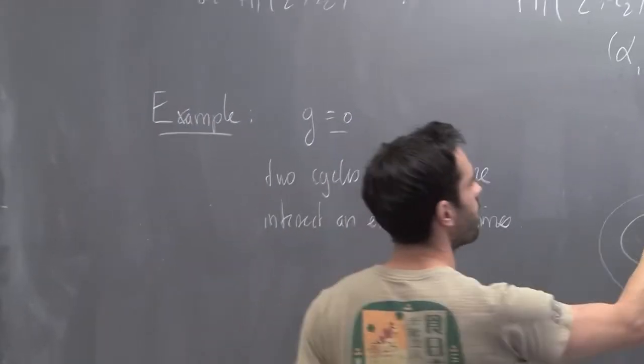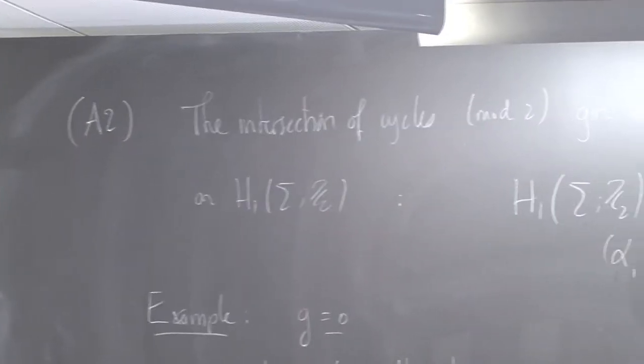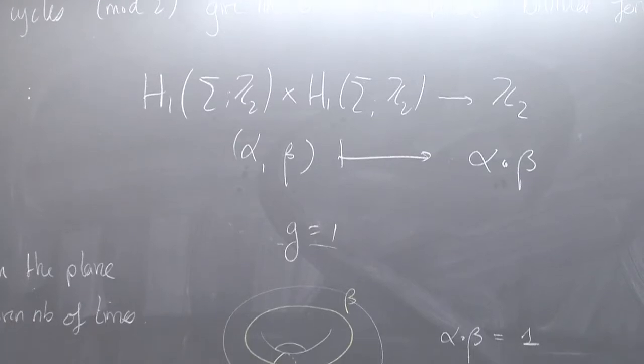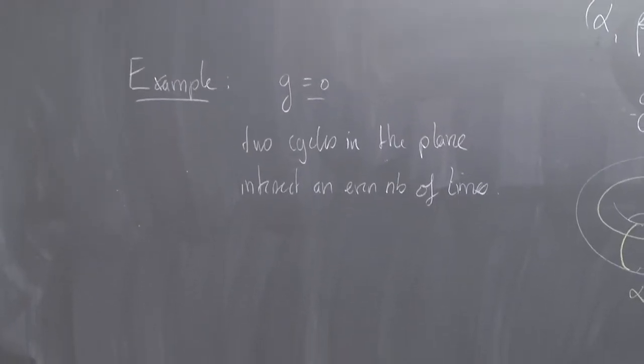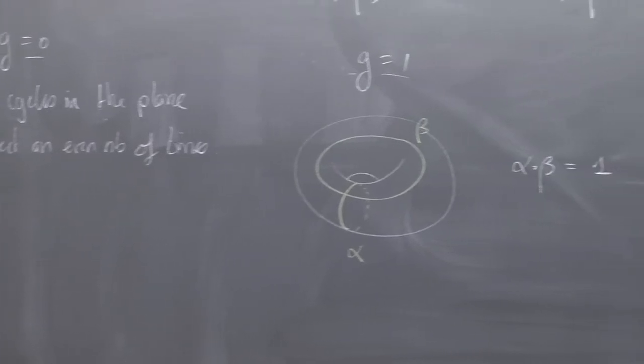Okay, so I think this is something useful to have in mind, that when you're counting intersections like this, what you're really looking at are topological statements. You might think it's geometrical, but it's topological.